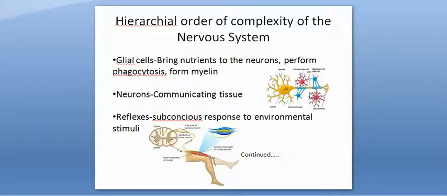Okay, now we're going to move up from the cellular level and talk a little bit about how the nervous system works. So the first line in terms of the nervous system working is just reflexes, subconscious responses to environmental stimuli. And so if you look here at the bottom, you guys may have seen this on a video or even had a doctor do it, where they take a hammer and they hit your patellar tendon right here, and it forces your foot up.